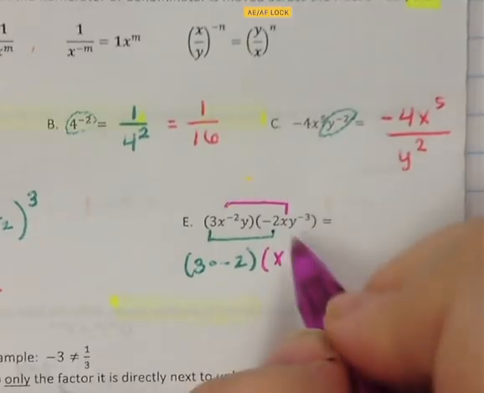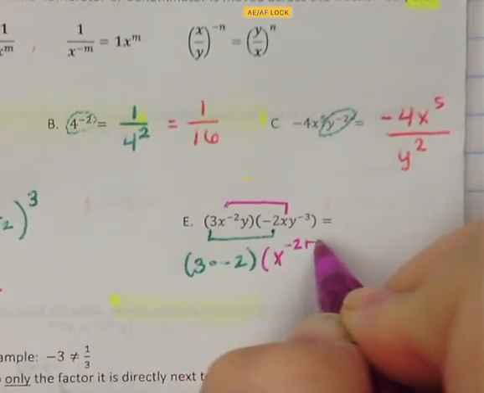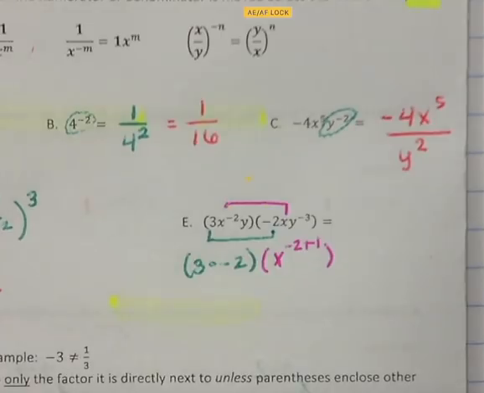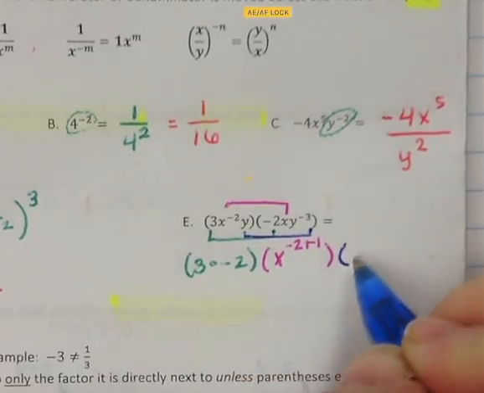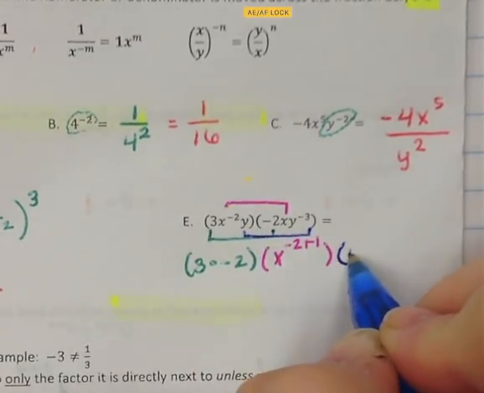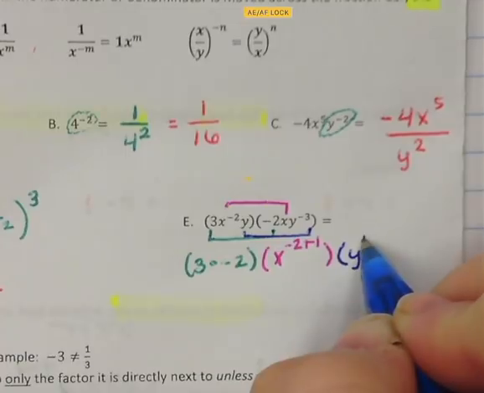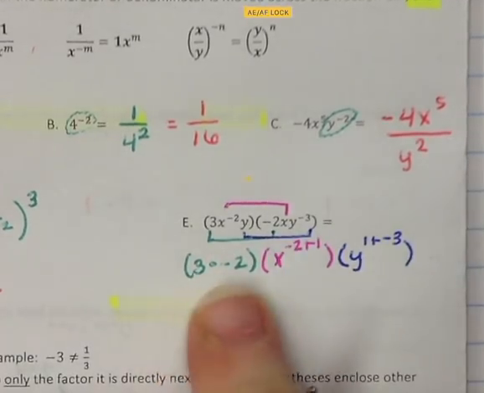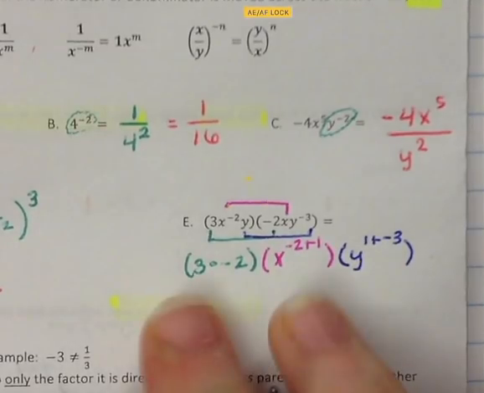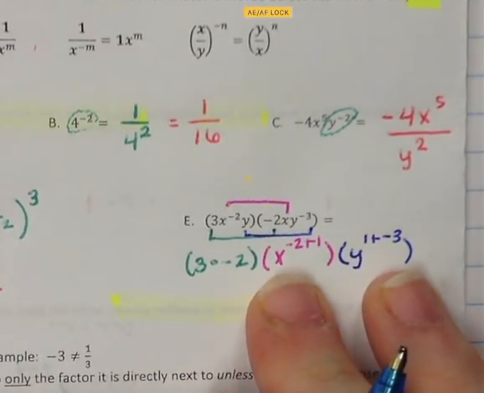So I have a negative 2 plus a 1. And then the y's, again, since I have the same base, I can add the exponent. So that's a y to the first plus a negative 3. Now, all three of these are technically multiplied together. So when I simplify it, it'll make things a little bit easier.